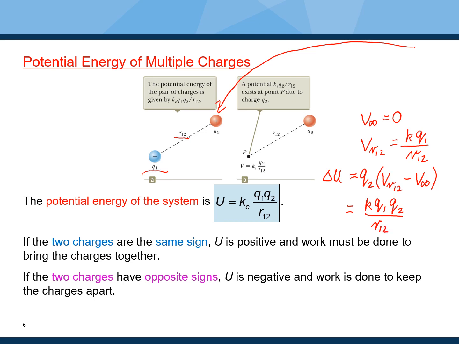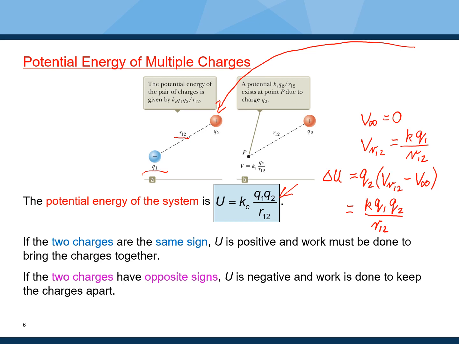So if we bring two charges which are infinitely far apart and bring them together, we develop a certain amount of potential energy associated with that configuration of charges, given by k times q1 times q2 divided by r12, where r12 is the distance between those two charges.